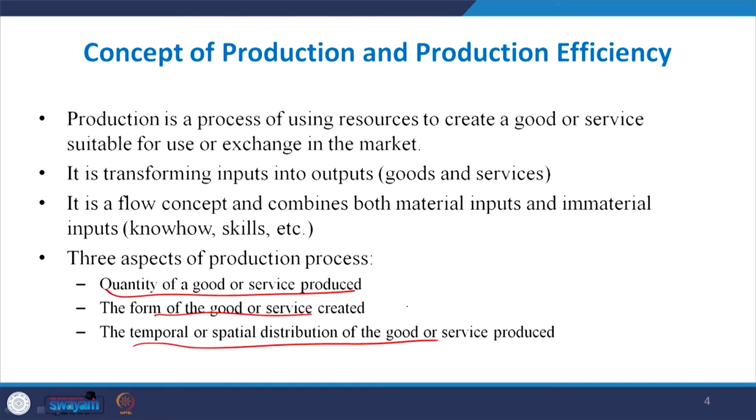Similarly, by changing the time of the matter, like sometimes some goods may be put in the godown or cold storage and the supply released when needed most. So, by changing the time period of various goods, value addition is done, and that is also part of production. Similarly, by transporting goods from one place to another, value addition is also done. So, that is also part of production.